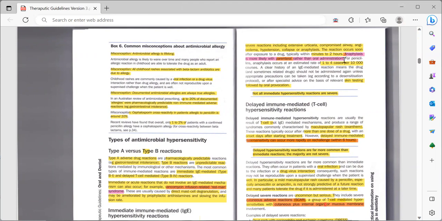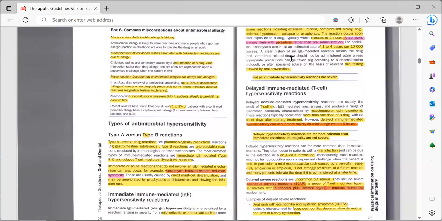Why? Because with the parenteral route, we are infusing a larger amount of antibiotic. For penicillin, they have estimated that anaphylaxis occurs at a rate of 1 to 4 cases per 10,000 courses.